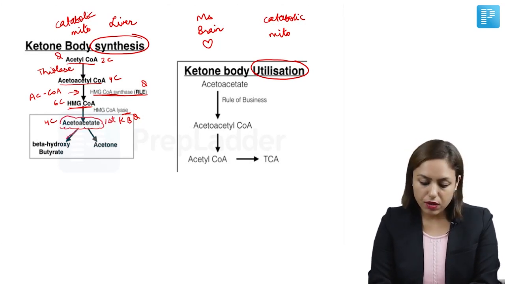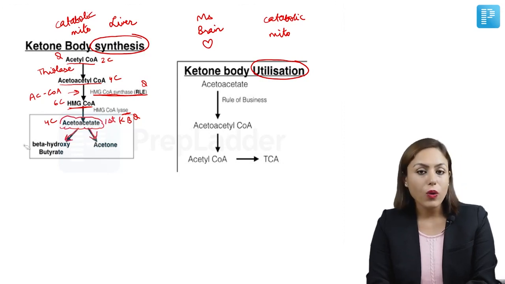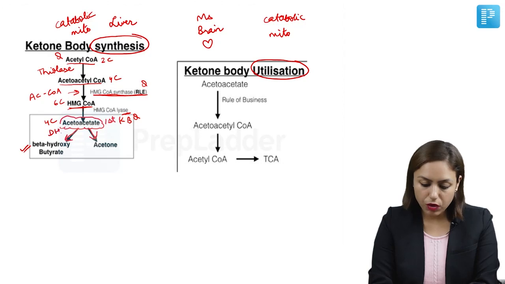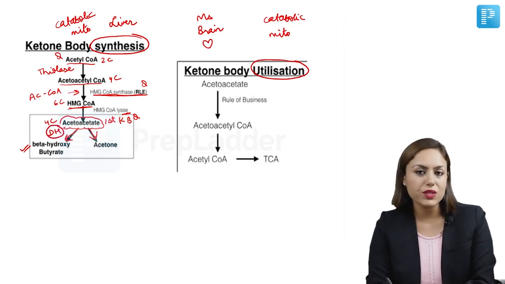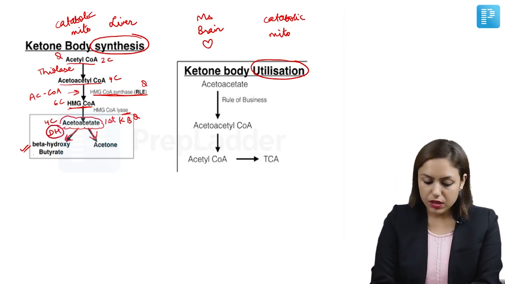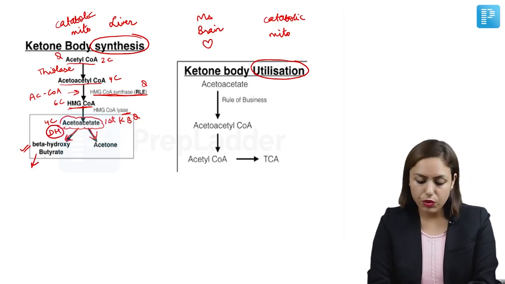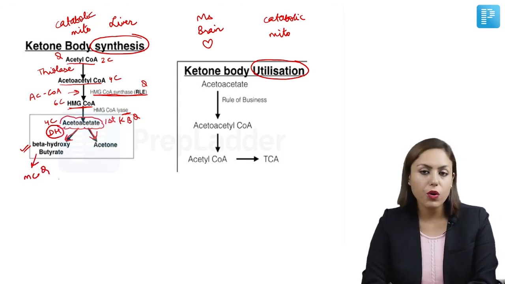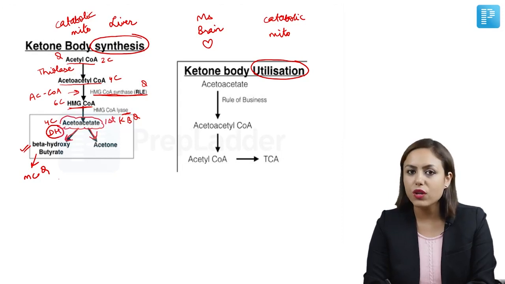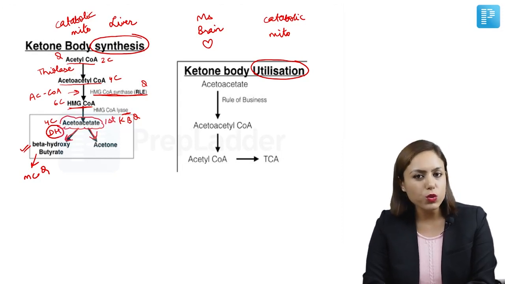Then acetoacetate is converted to the other 2 ketone bodies. One is beta hydroxybutyrate, and the enzyme is beta hydroxybutyrate dehydrogenase. This beta hydroxybutyrate is the most common ketone body found in the blood and urine of patients of ketosis or ketoacidosis, right?